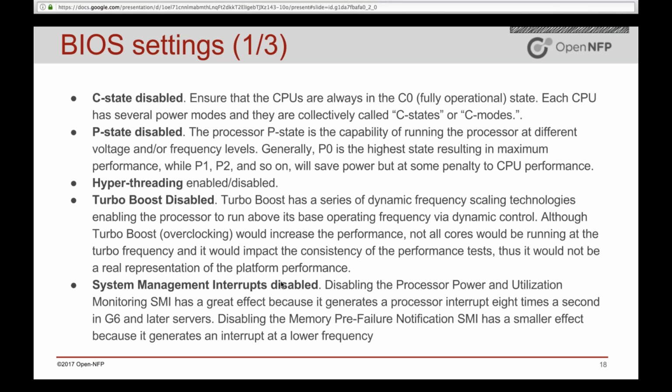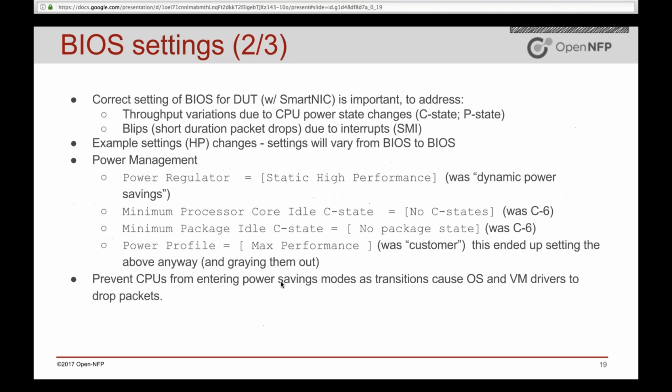Each of those interrupts, if it comes in at a time when you are trying to handle a high-performance data stream, will temporarily divert the processor from handling packets to handling that particular interrupt, and you'll see a blip in the traffic. So disabling all extraneous interrupts from the BIOS is important here.